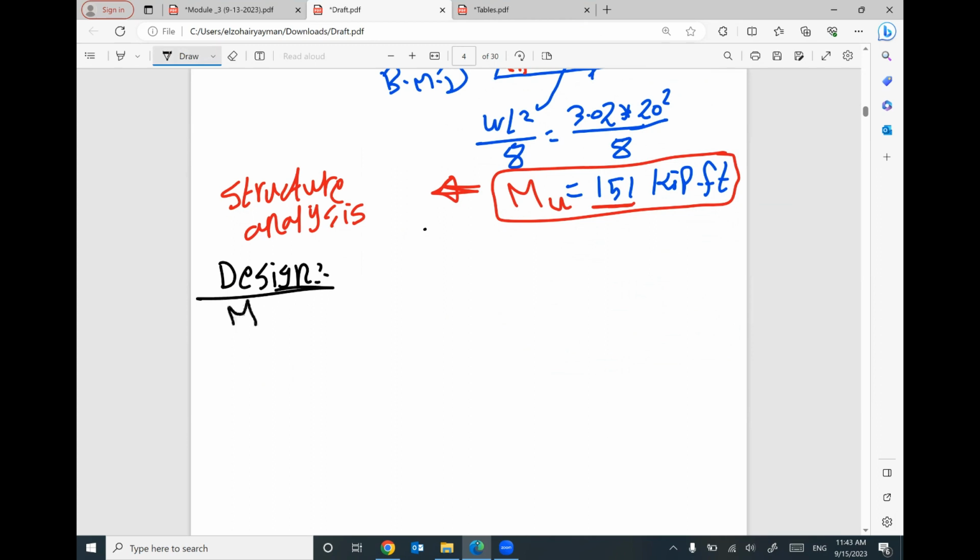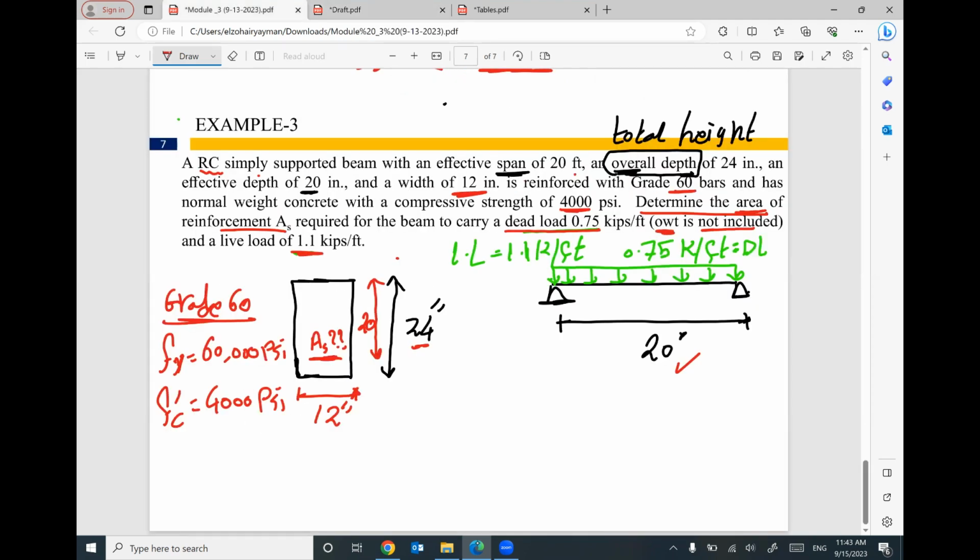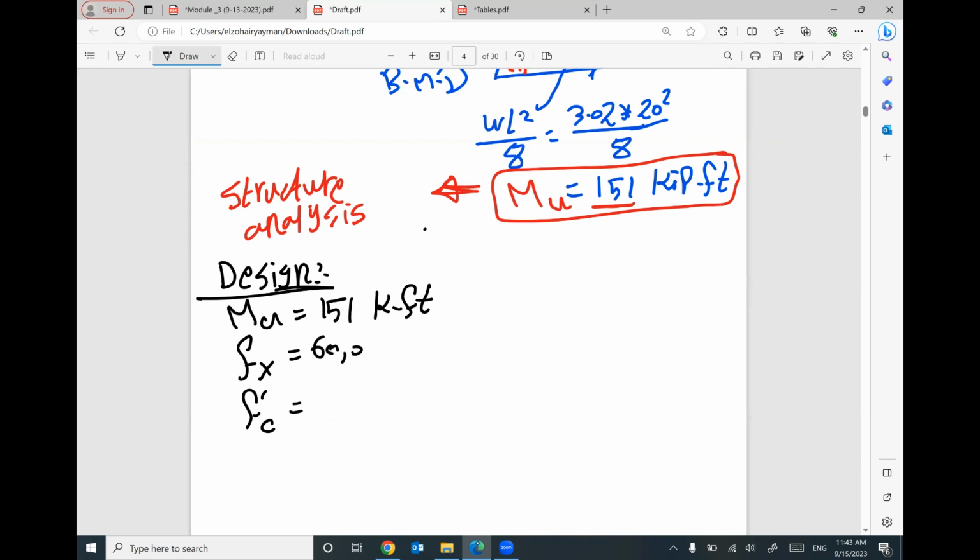M ultimate is given. Right now it's 151 kip foot. Fy is given as 60,000 and f prime c is given as 4,000 PSI. Let's go.